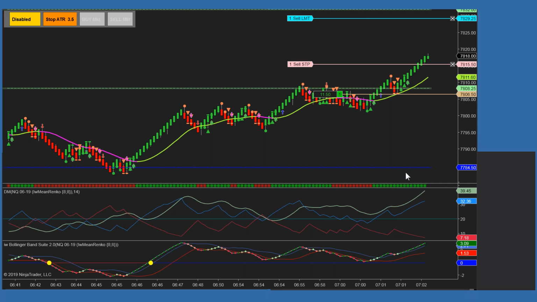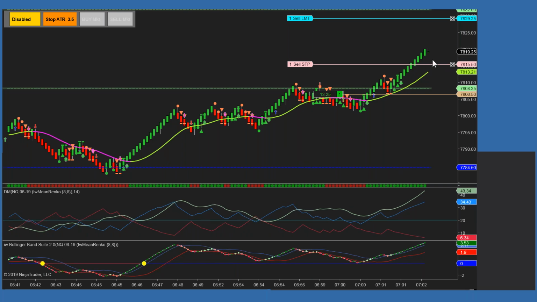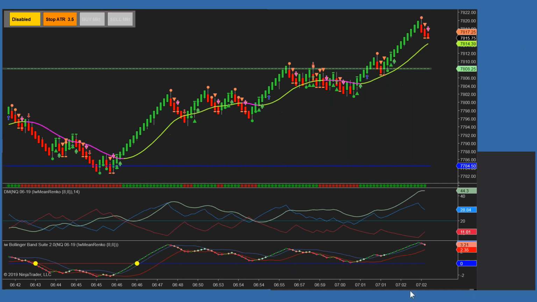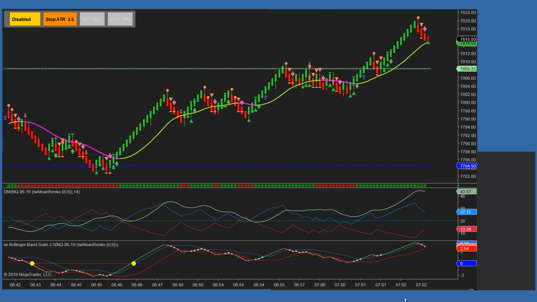And just because I'm a bit of a chicken, I'm going to start rolling my stops very aggressively at this point. Just keep them one bar back. But even here, you could be watching your ADX indicator for an indication that the trend is weakening, namely that little hook right there. But I didn't want to wait for it.